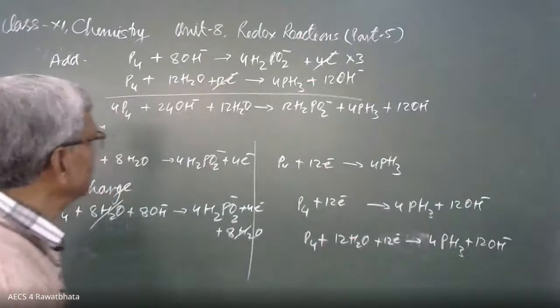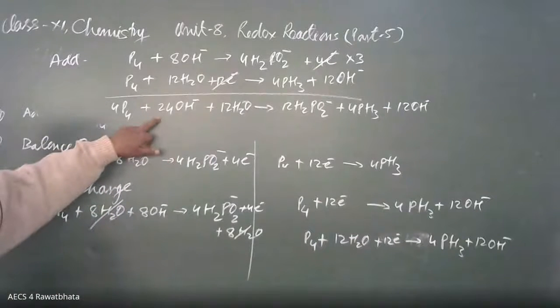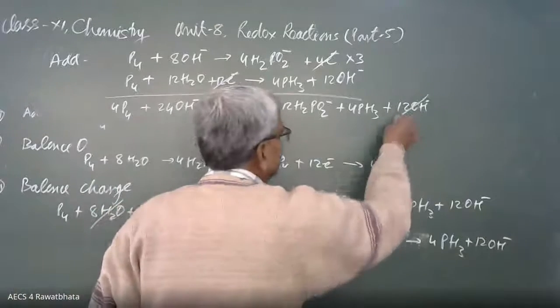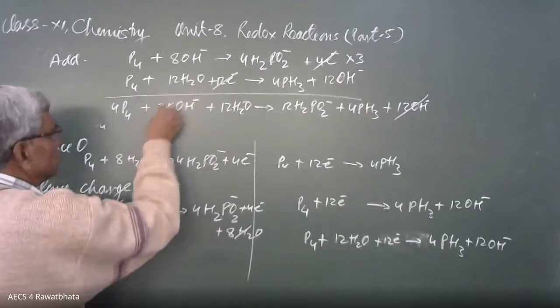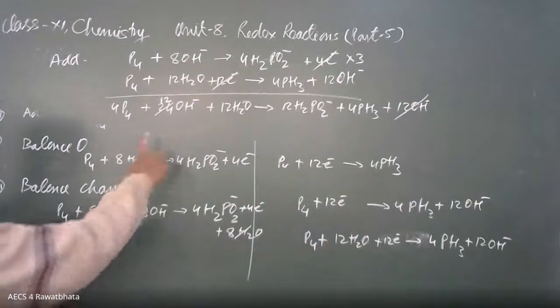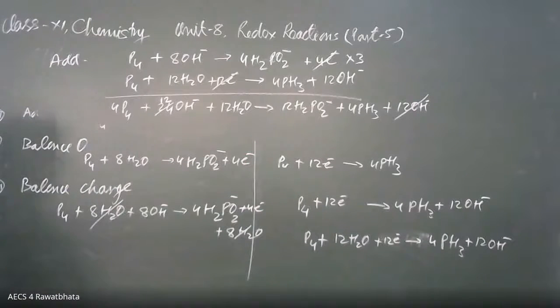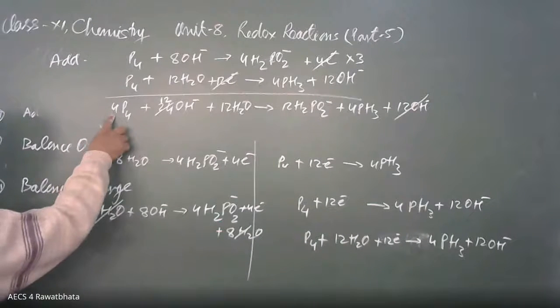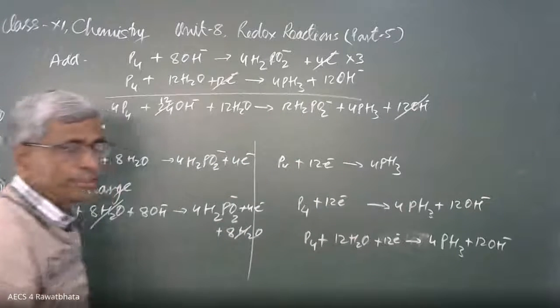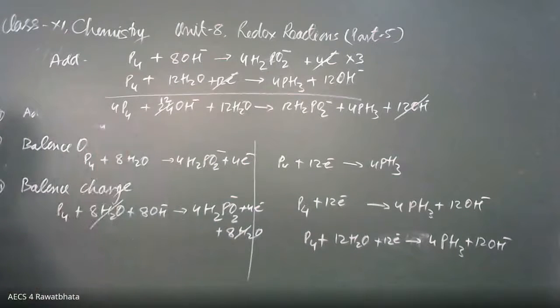Something is common. Here is 24 OH and that side is 12 OH. This 12 OH is cancelled by this 24, leaving 12 here. Here is 12 H2O, that side no H2O. And one more thing is common: 4 is common. Here 4, 12, 12, 12, 4. 4 is common, so it is divided by 4.